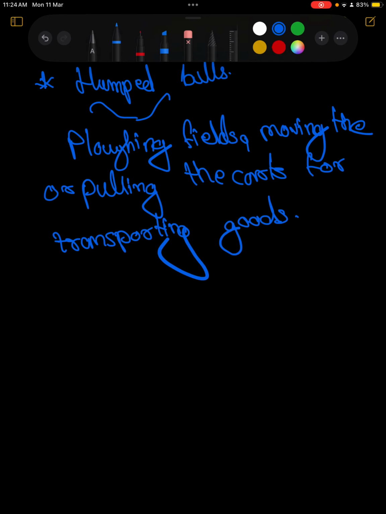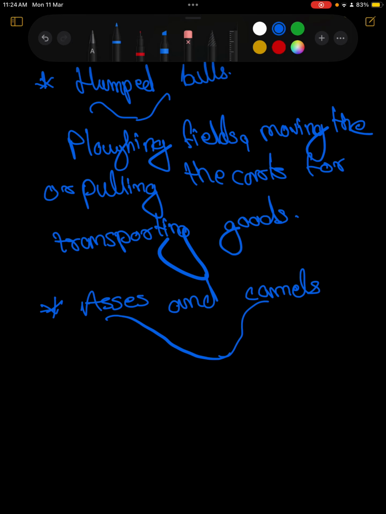And then we also talk about asses and camels. These are some types of animals that were used as beasts, very powerful, that could be used to ease the burden of carrying goods. Now you might not know about asses, they're like beasts, just like camels are.